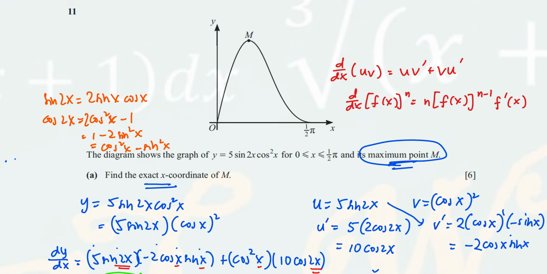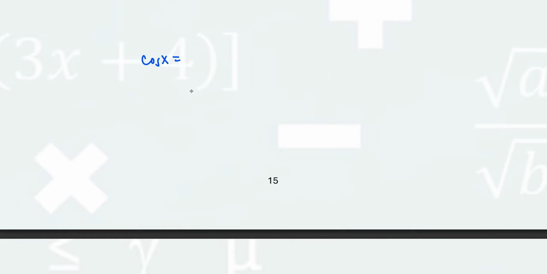Your m is between 0 and half pi. Right, so your m is between 0 and half pi. That means just now the cos x equals to 0. Okay, so we get two values there, pi over 2 and 3 pi over 2. Both are not accepted.